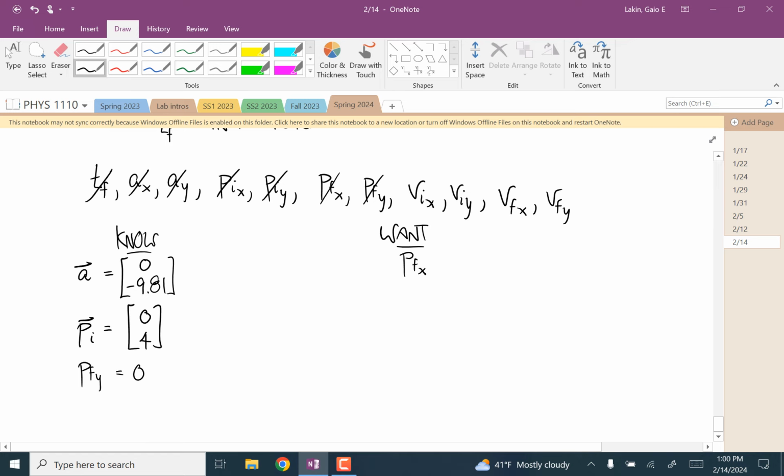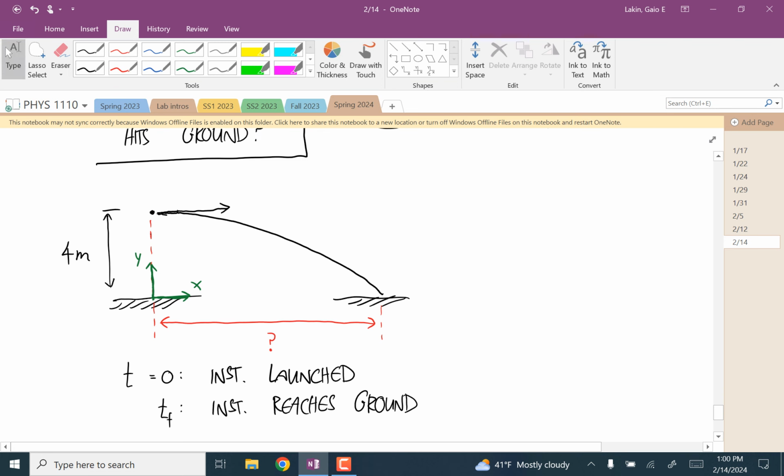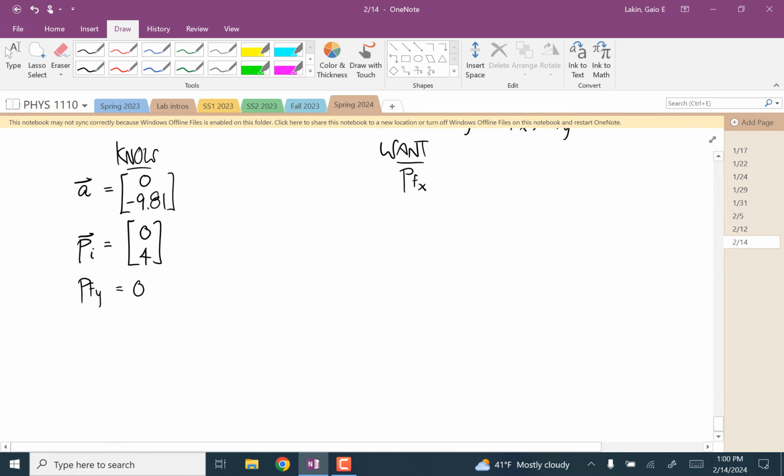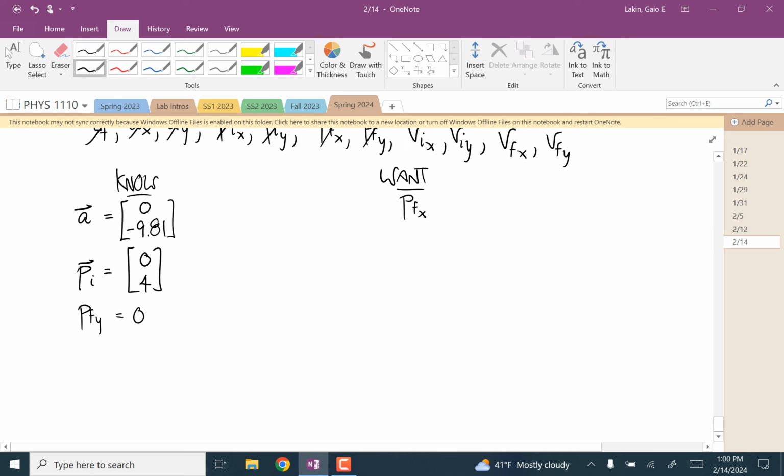What about the initial velocity vector? Do we know that? Well, it has a magnitude of 10 meters per second, and it's acting exactly in the x direction. So what would that be as a vector? You can think of it as 10 for x, 0 for y, and that comes from thinking about it this way.